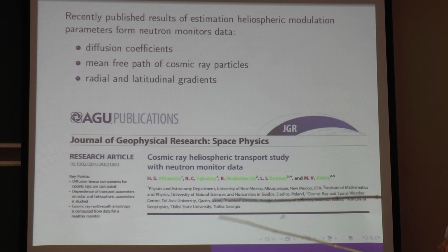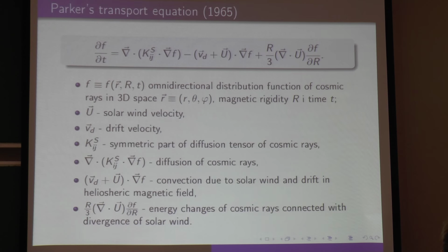This is this publication. If I have time, I will talk about this publication. The next part of my talk is the mathematical modeling by the Parker transport equation. This is the very famous diffusion equation.